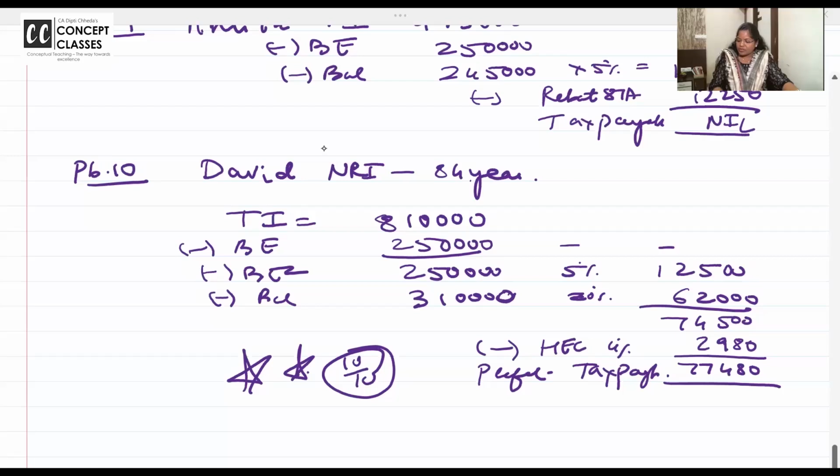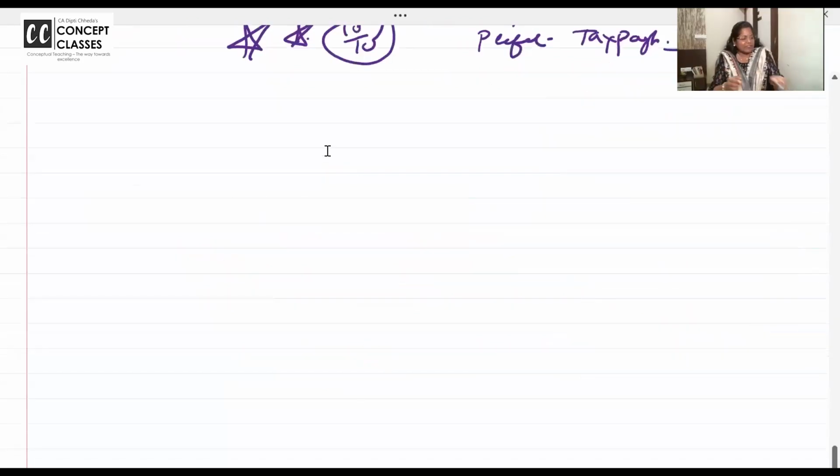Whenever such undisclosed income is caught, it is taxable at the rate of flat 78%. Super duper important for your MCQs. Write down the title first: Special Income, Special Rates. I will also tell you about lottery and all those.